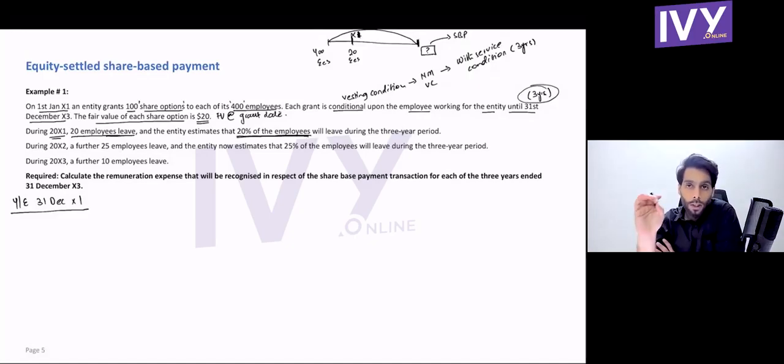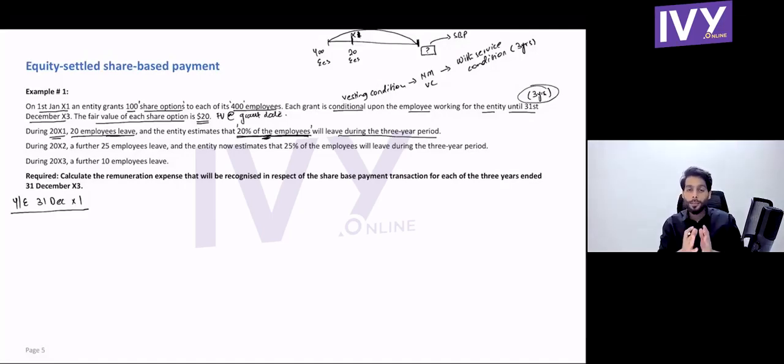Now, from an examination point of view, you should realize that it's written 20% of the employees. It's not written 20% of remaining employees. It's written 20% of the employees will leave during the 3-year period.